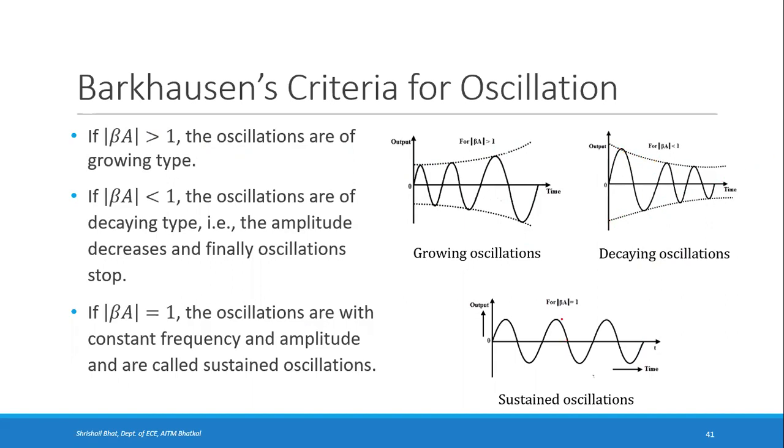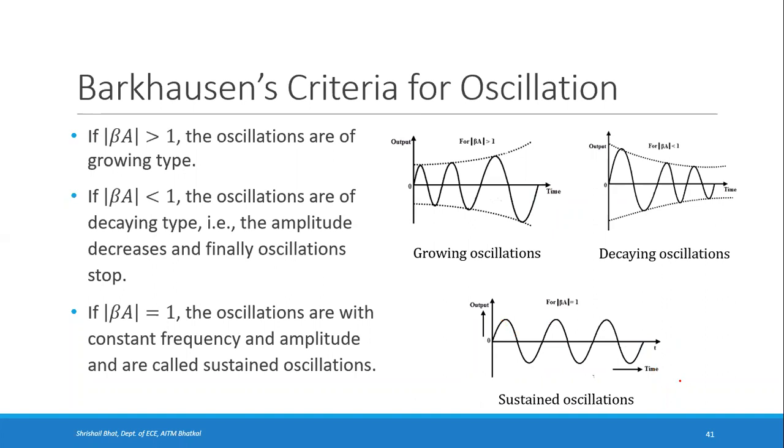Whereas if beta A is equal to 1, we get sustained oscillations, because in that case Vf will be equal to Vi, so the amplitude remains constant. So that's about the Barkhausen's criteria for oscillation.